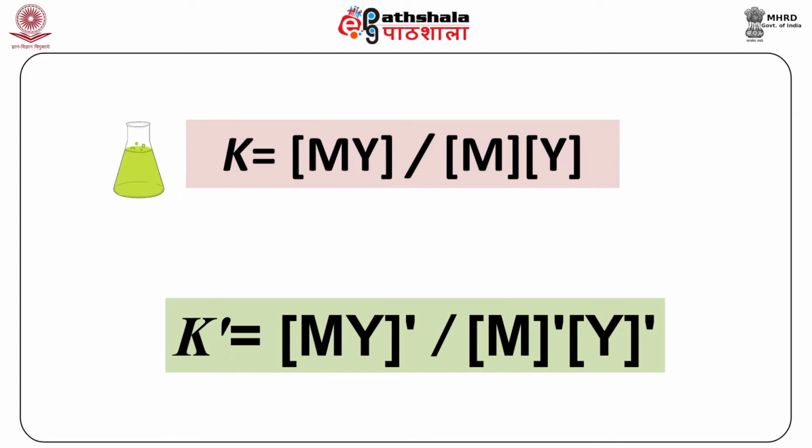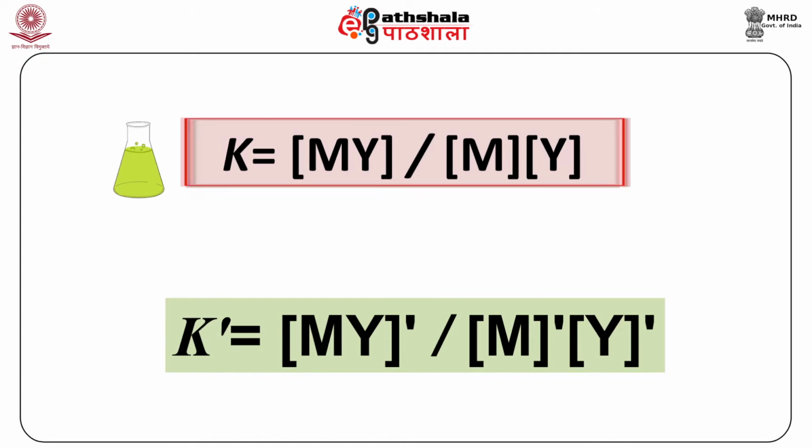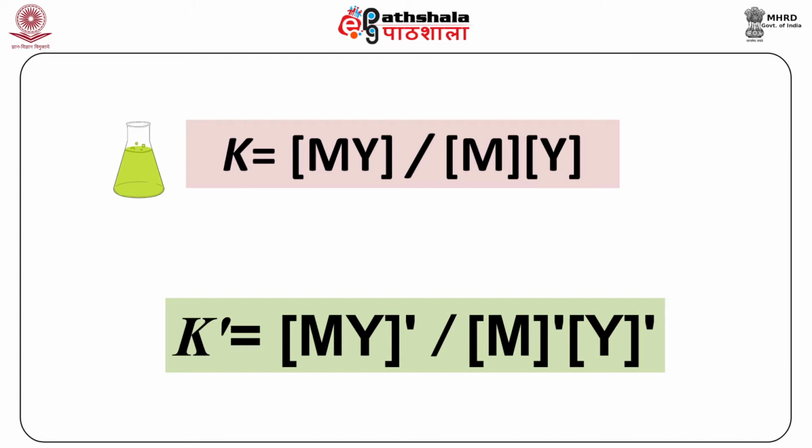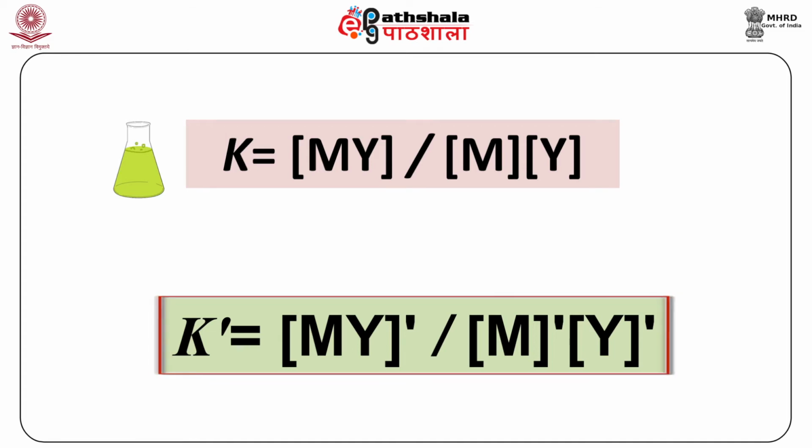The thermodynamic constant K expression is K is equal to the concentration of MY divided by the product of the concentration of metal M and the concentration of Y. The conditional constant represented as K dash, which governs the concerned equilibrium, is also defined by the expression K dash is equal to the concentration of MY dash divided by the product of the concentration of M dash and Y dash respectively.